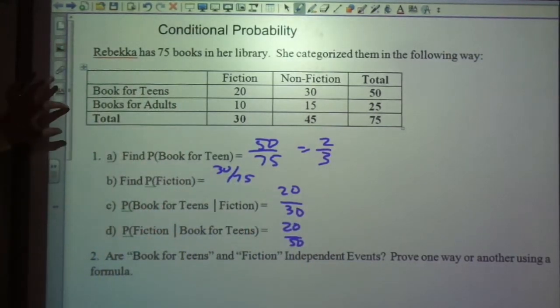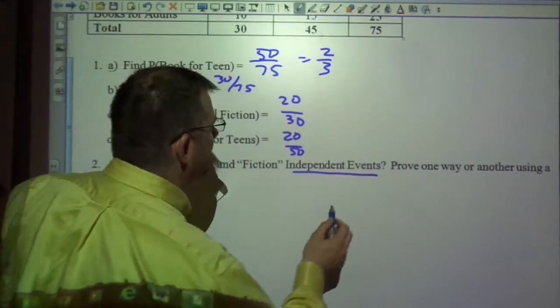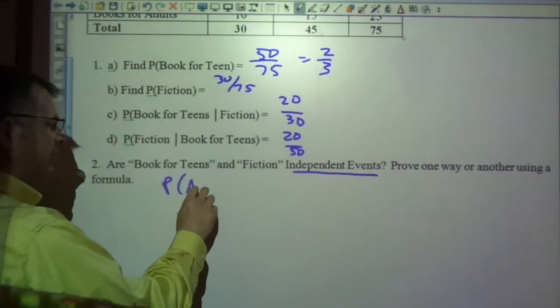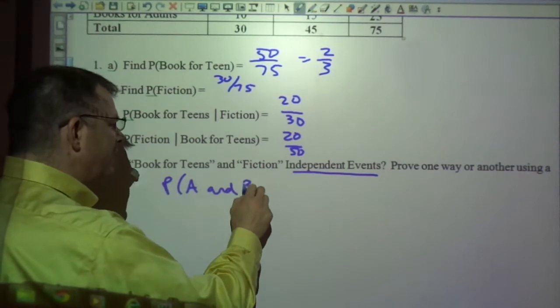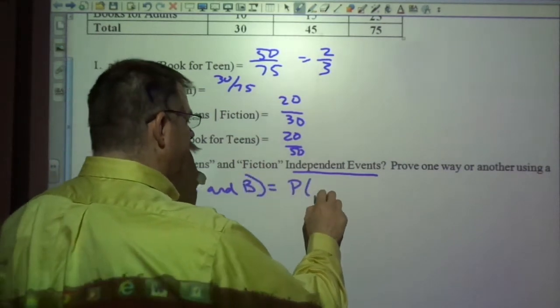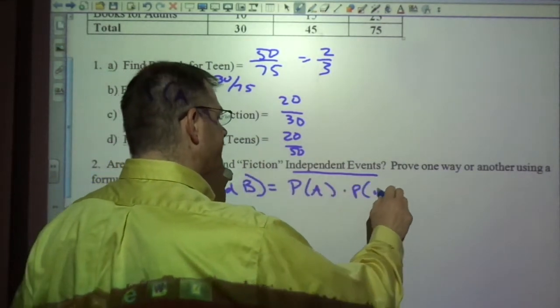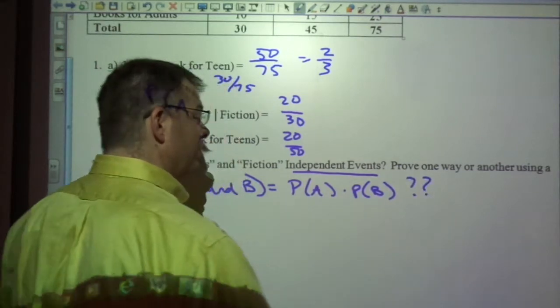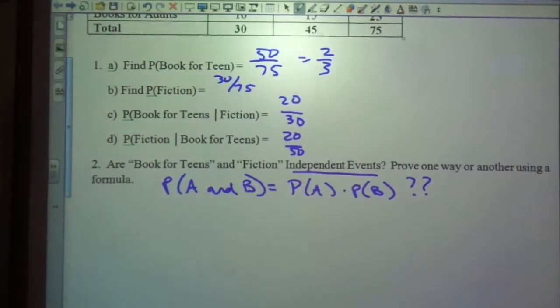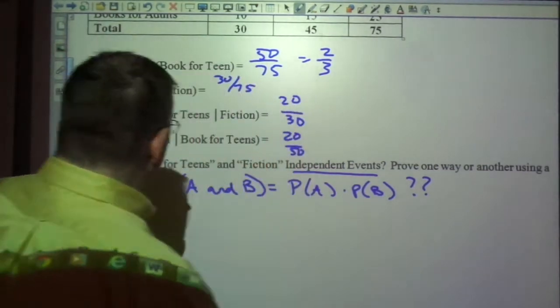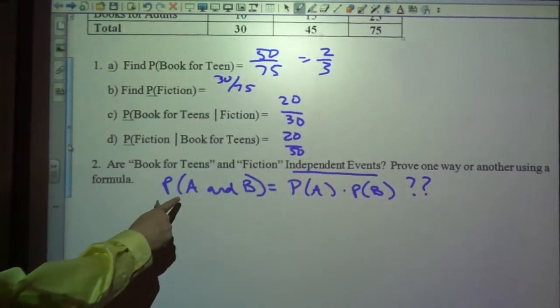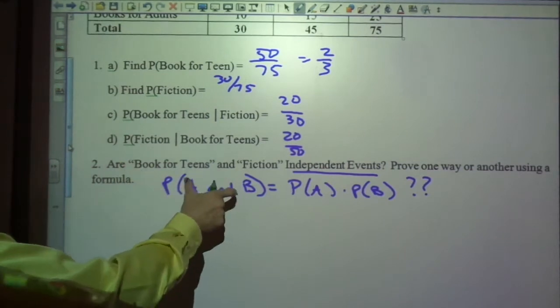The next question asks if they are independent events. We know that there is a formula that will work if they are independent events, and that is this one. We need to see, does this actually work? Let's find what these numbers are. The probability of A and B, that's the probability of a book for teens and fiction.